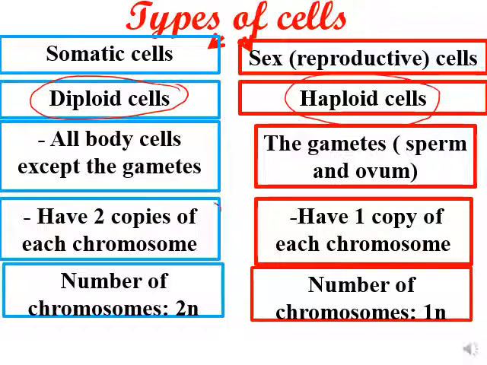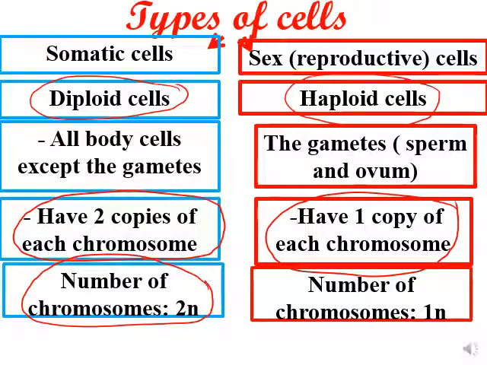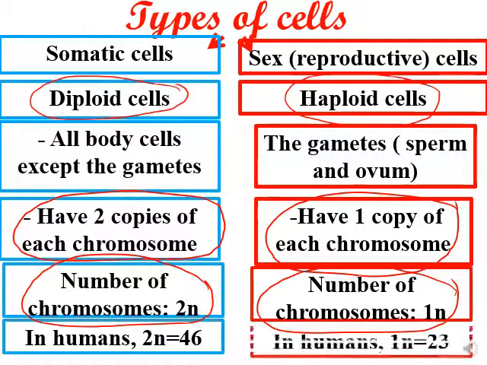They have two copies of each chromosome, while in the sex cells or reproductive cells, they have one copy of each chromosome. Number of chromosomes always it's 2n in the diploid, while in the haploid it's 1n. Also, in humans, for example, the somatic cells 2n is equal to 46. Also in humans, 1n equals 23 in the haploid.